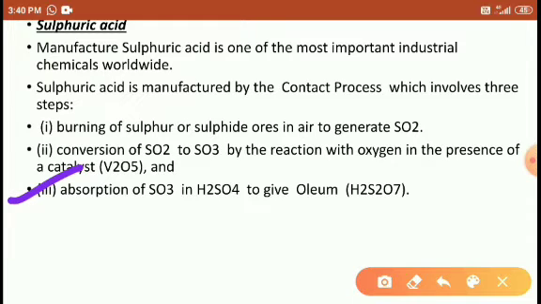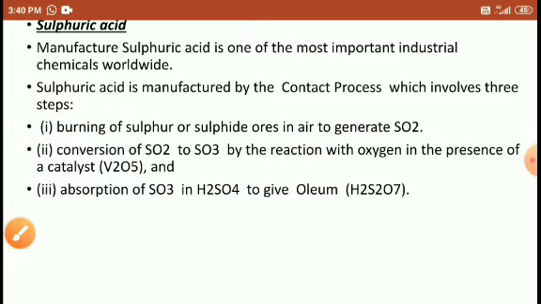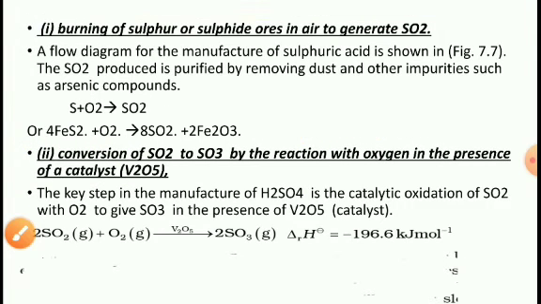Third, absorption of sulfur trioxide in H2SO4 to give oleum. These are the three steps involved in the contact process. Right, friends? So what are the three steps we discussed here?